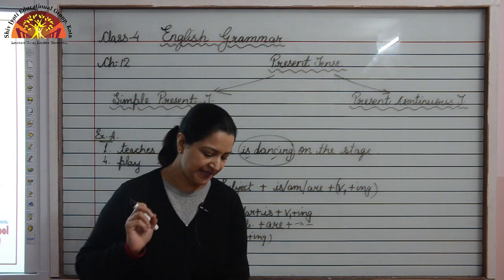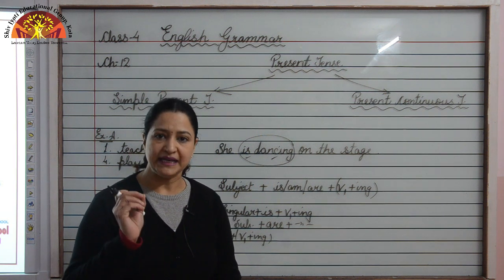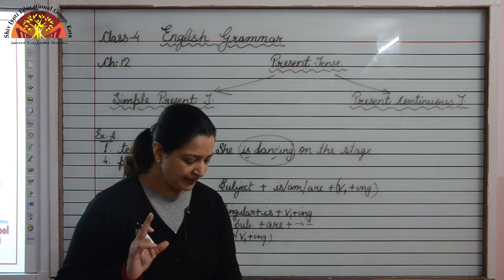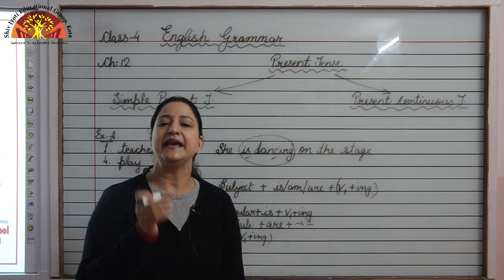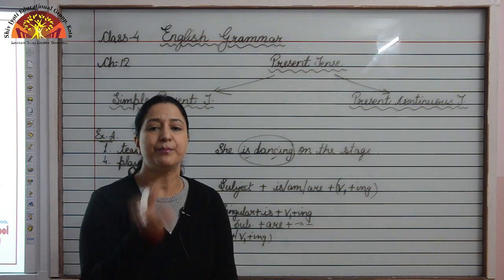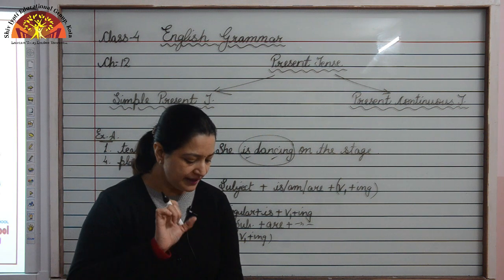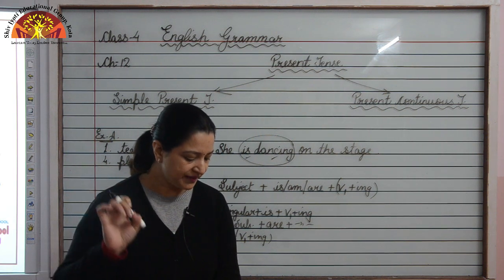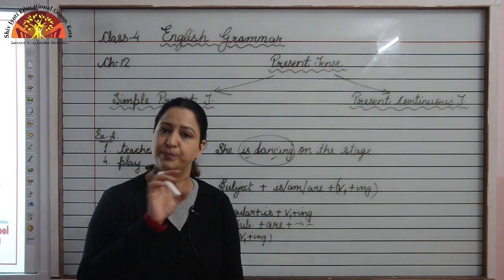Okay, now moving to present continuous tense. On page number 54, exercise number E. Number 1, we have to convert the given verb into present continuous tense, and we can change it by observing our subject. The children dash themselves on the swings in the park. So here our subject is plural.